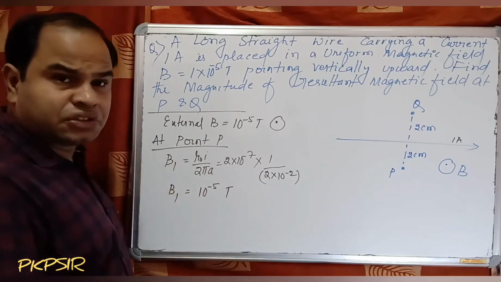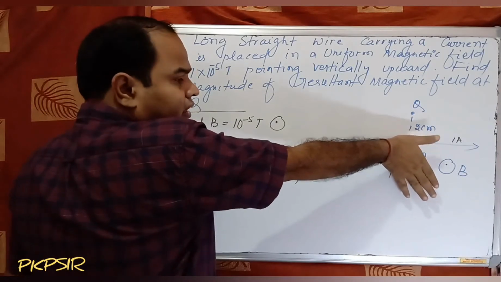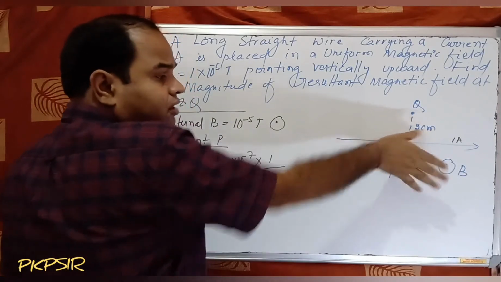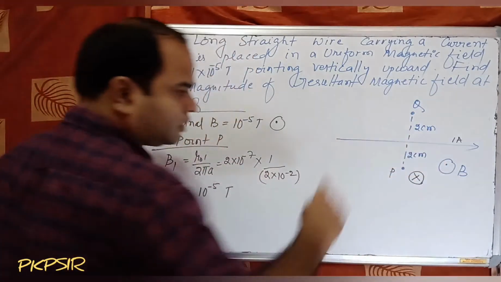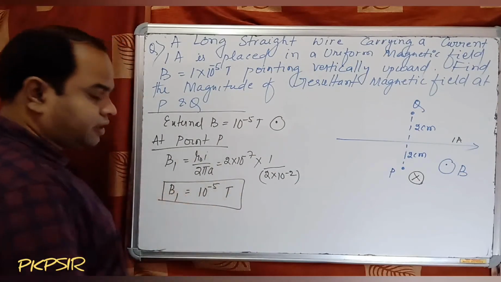What is the direction? The direction of the magnetic field, by the palm rule, is inward at point P. Okay. So B1 is 10 to the power minus 5 Tesla.